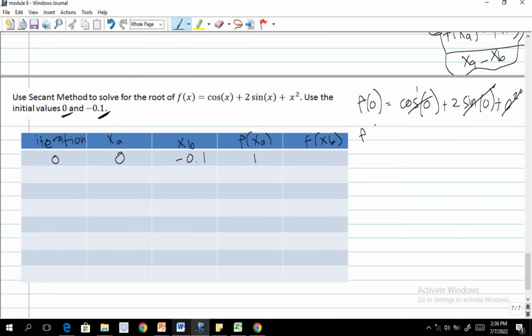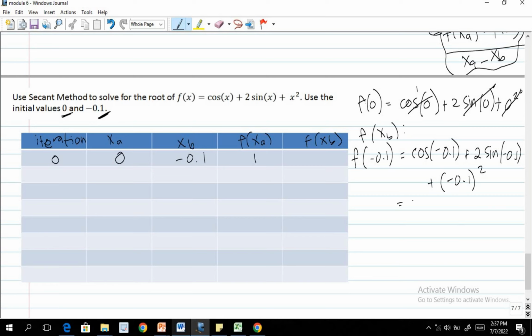For xb, function of negative 0.1, that is equal to cosine of negative 0.1 plus 2 sine of negative 0.1 plus negative 0.1 squared.